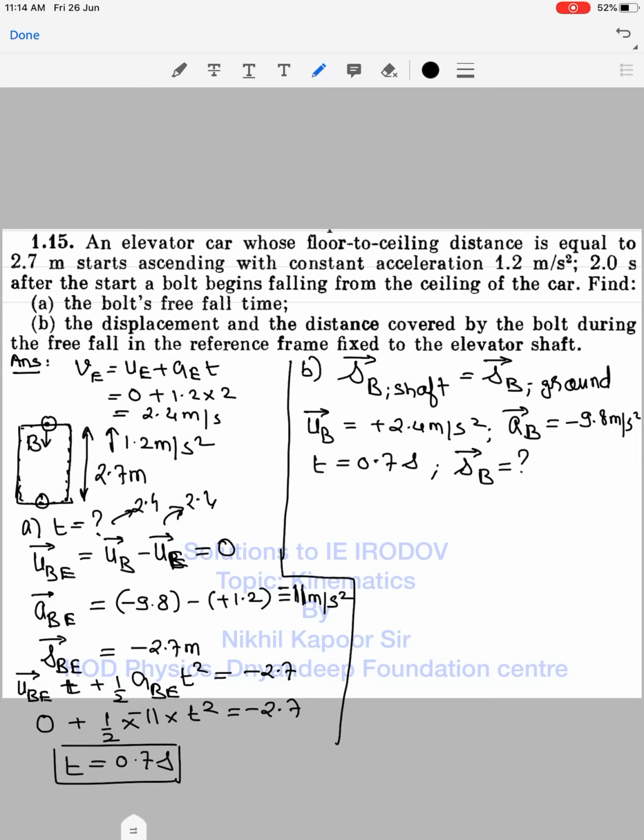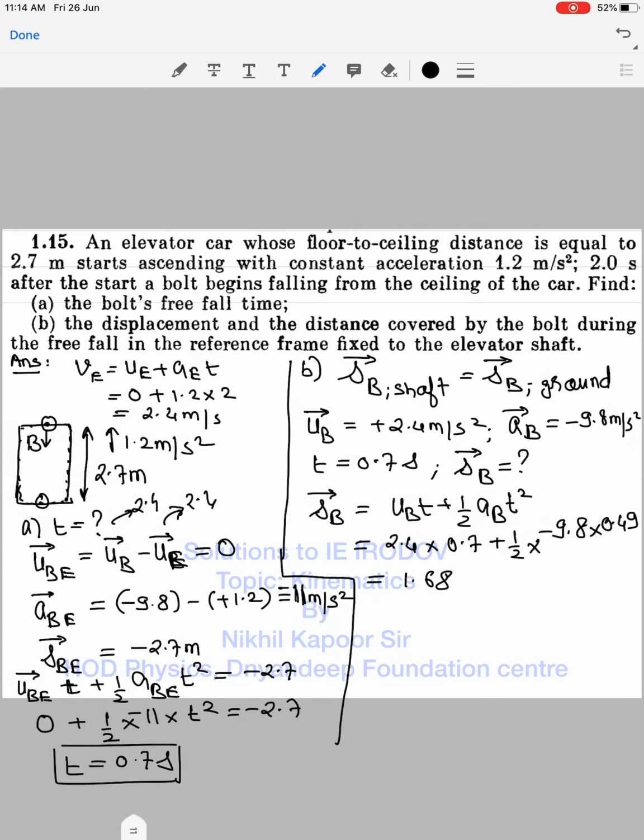So what should be the displacement of bolt with respect to ground? So again I will use s equal to ut plus half at square. Now if you substitute the values here, that comes out to be 2.4 into 0.7 second plus half into minus 9.8 into 0.7 square, which will be 0.49.